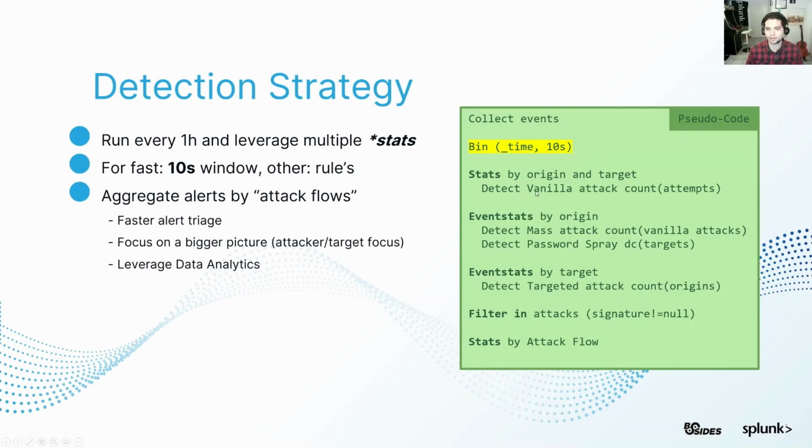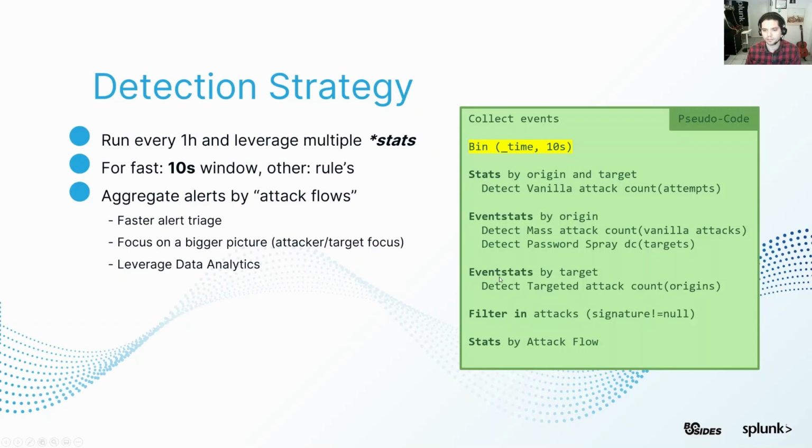And from there, with this kind of aggregation, I can detect the vanilla attack by counting the number of attempts. Then with eventstats by origin, I'm able to detect 2 more types of attacks. One is counting the number of vanilla attacks, which is the mass brute force attack. And for another one, the password spray, I basically need to know how many distinct targets were observed from the same origin.